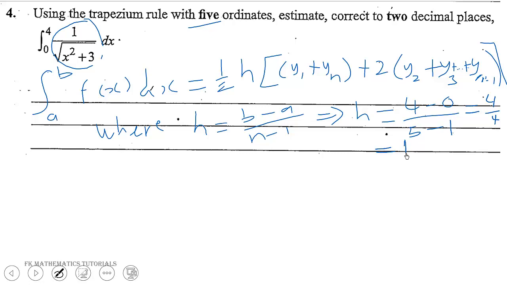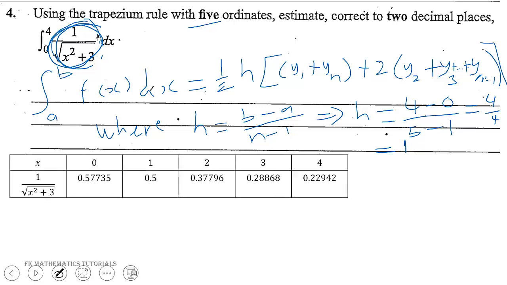Then to get the y value, you put the x value into the f of x. So when x equals 0, y will be equal to 1 over the square root of 0 squared plus 3. So you compile them into a table like this. When you put 0 into this f of x, you get 0.57735. When you put 1 into this f of x, you get 0.5.